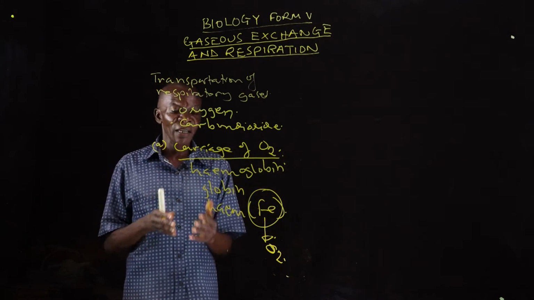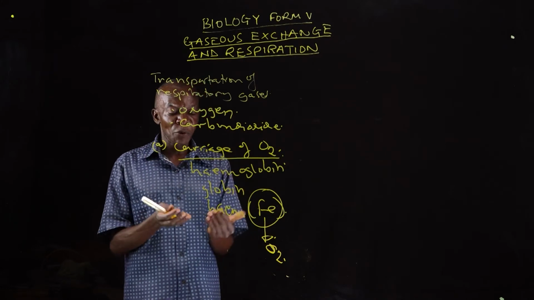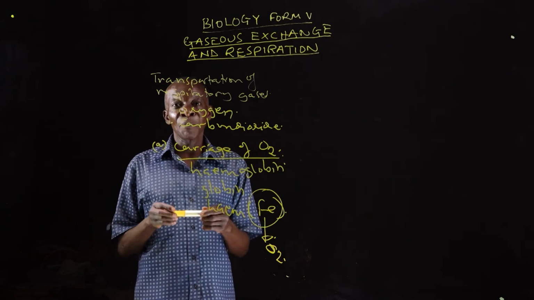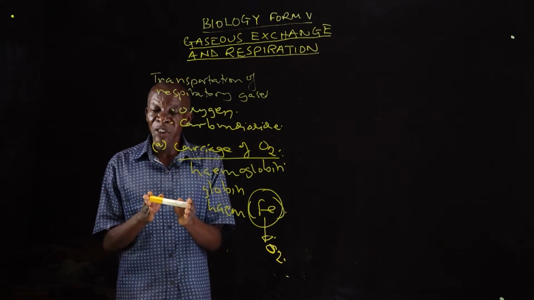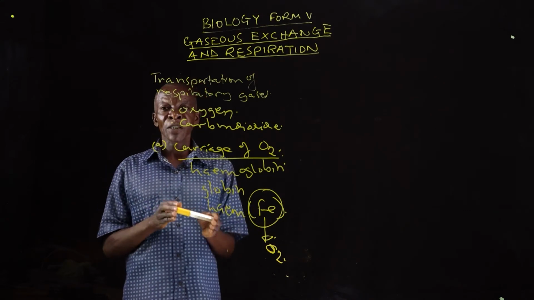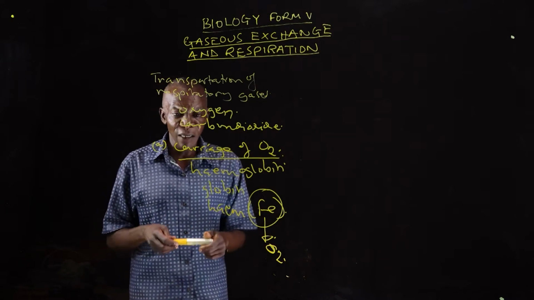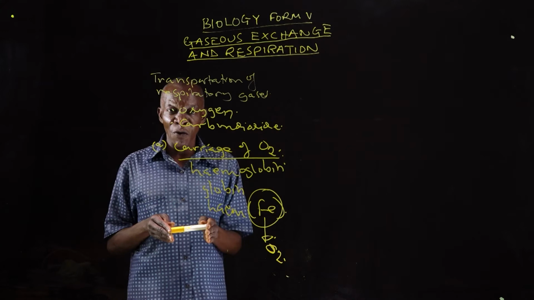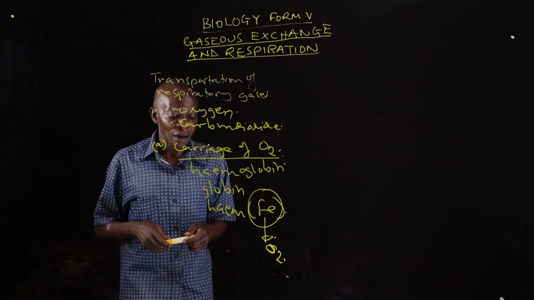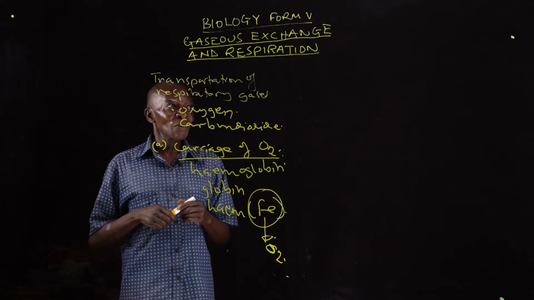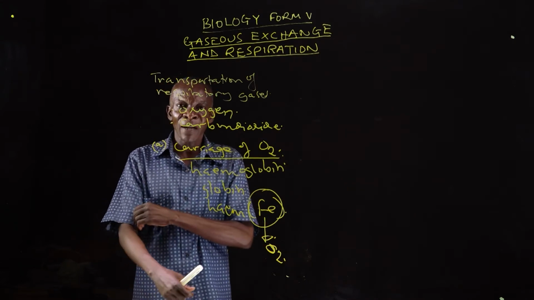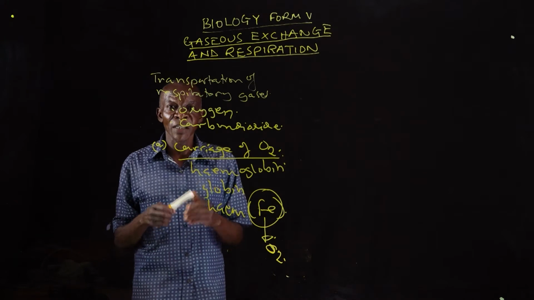It is purely a physical process. And since there are 4 prosthetic groups, each involved in transportation of oxygen, automatically one hemoglobin molecule will transport 4 oxygen molecules.